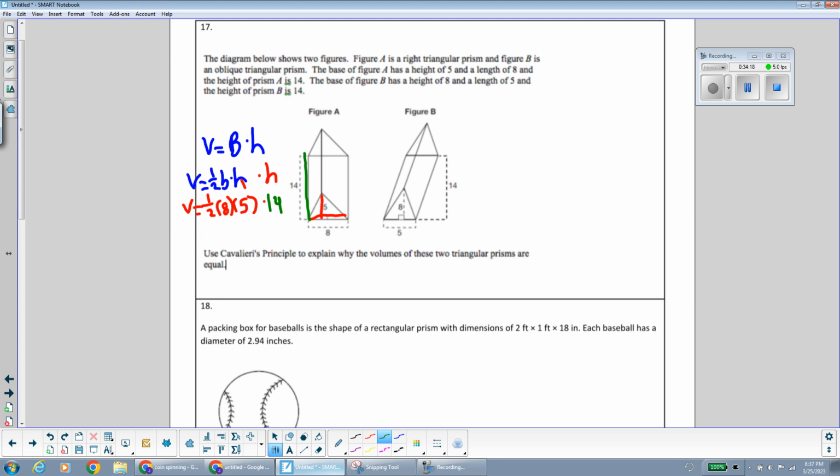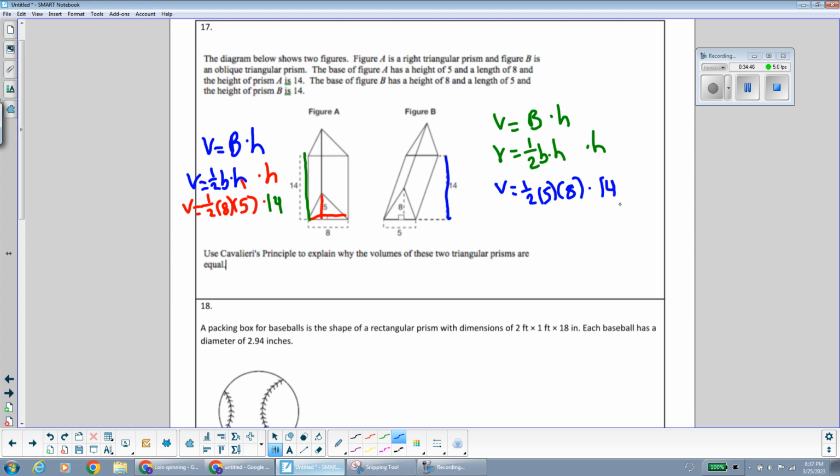And if we take a look at figure B, the area of the base is also a triangle. So that would also be 1/2 base times height times the height of the whole prism. On that triangular base, the base of that triangle is 5, and the height of that triangle is 8. And then the height of the entire prism is also 14.